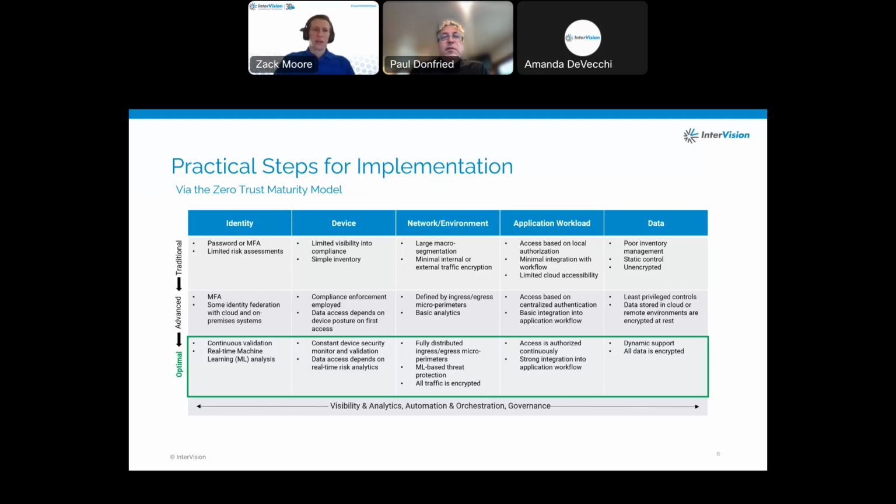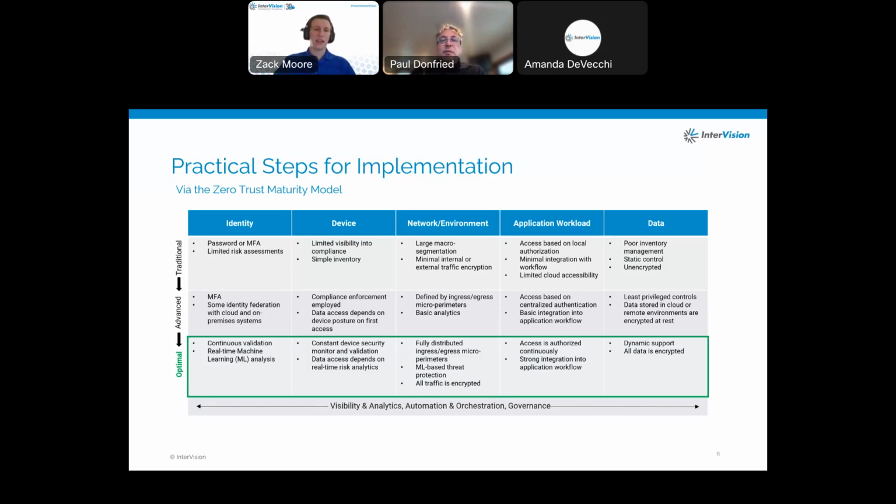So looking at this up at the top, you are going to see a lot more traditional controls: password policy, implementing multi-factor authentication, looking at device inventory and mapping your inventory to compliance standards, network segmentation, encryption, access authorization, and cloud access brokerage, looking at unencrypted data, taking that to an encrypted state, protecting data in motion, things like that.